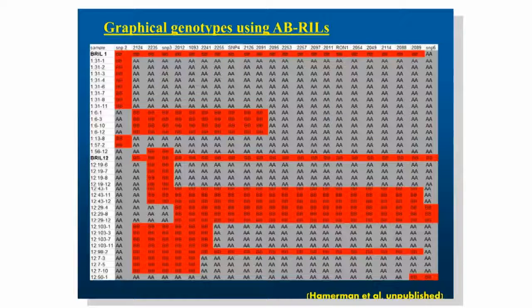We have a lot of recombinations, and the recombinations make sense, and we can identify the introgression in each of these lines. Of course, what we are doing now is characterizing it in the field, and hopefully we'll be able to identify the causative genes by using this approach.